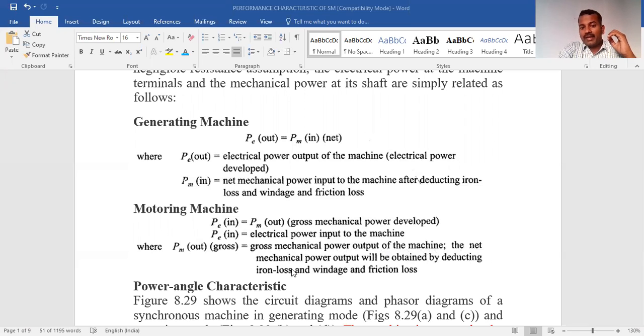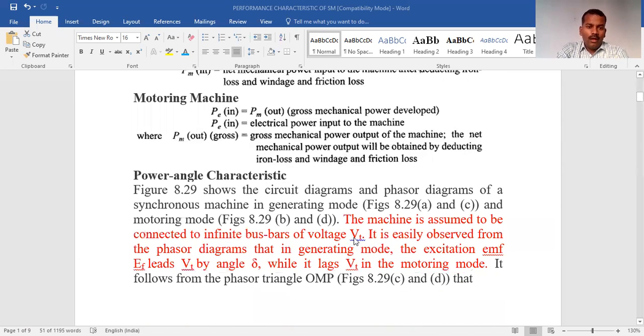The net mechanical power output will be obtained by deducting the iron loss and windage and friction loss from the gross mechanical power. Is that clear?